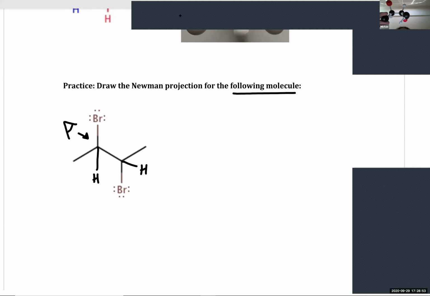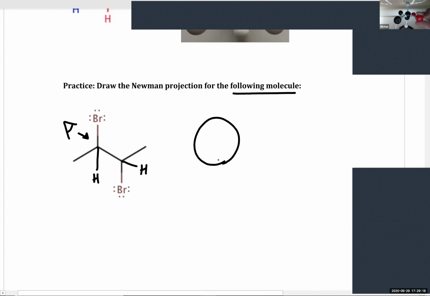Okay, now following my guide, all I have to do is turn my molecule. I'm going to make this a little bit easier on me. We don't have to worry about the specific conformation we're drawing from for now. We're just turning our molecule 90 degrees and we just draw what we see.